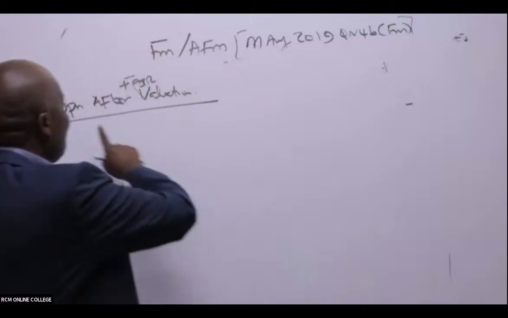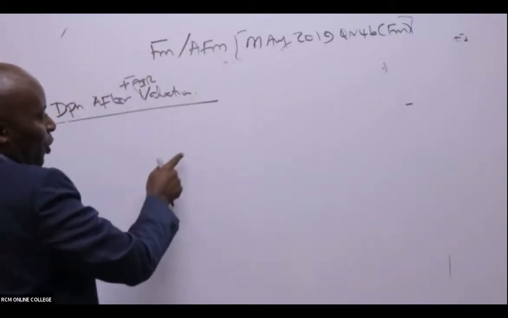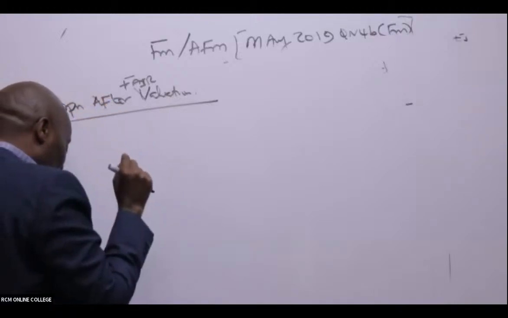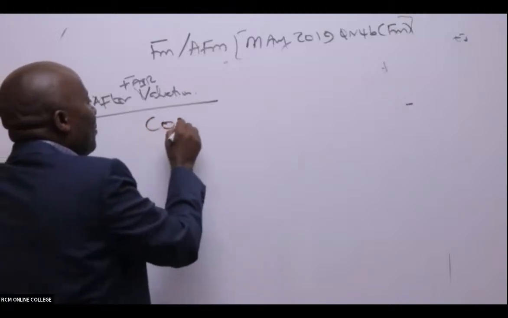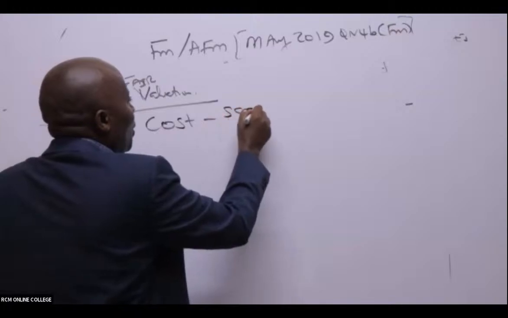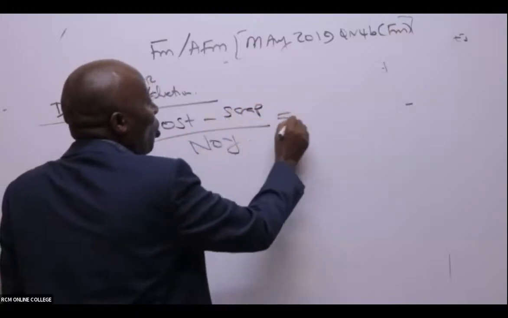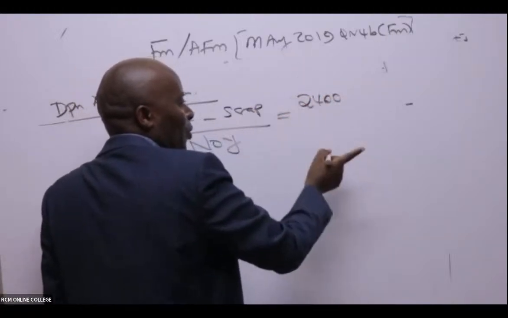So come and give me the depreciation of the existing machine after fair valuation. How will I do this? It is still straight line. So I'm taking the cost minus the scrap value over the number of years. The cost will be this net book value of 2,400.